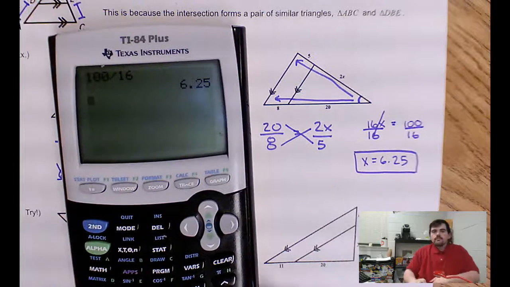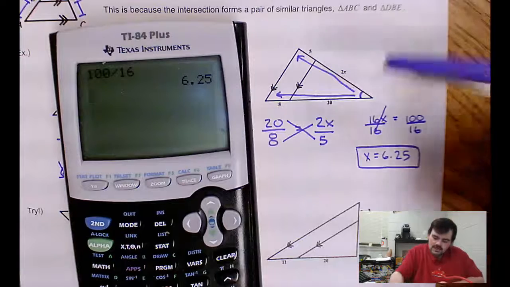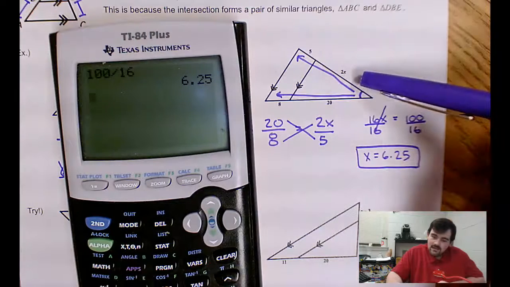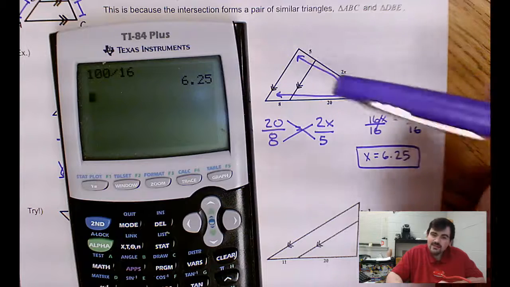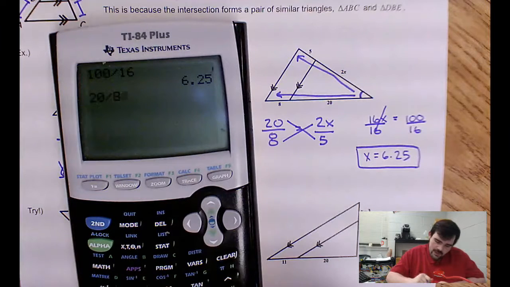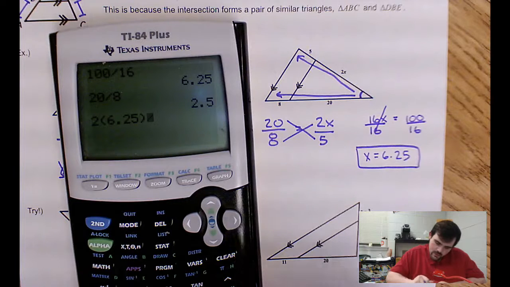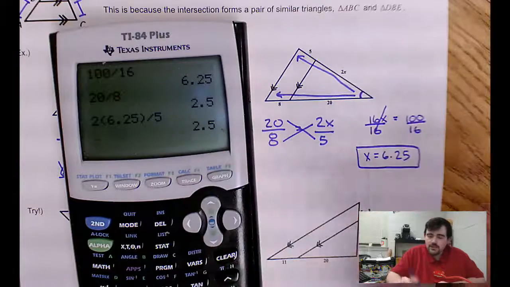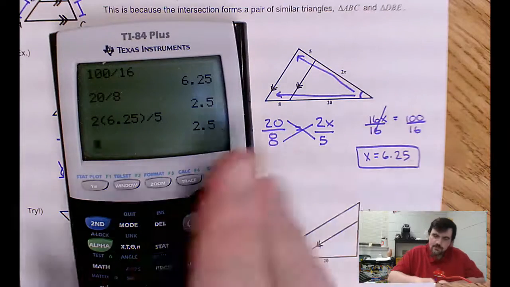To double check these, try 20 over 8, plug in to find this side length and try that over 5, you'll get the same value. So 20 over 8 and 2 times 6.25 over 5 both give you 2.5. So it's a 2 to 5, or 0.5 ratio between those two numbers.